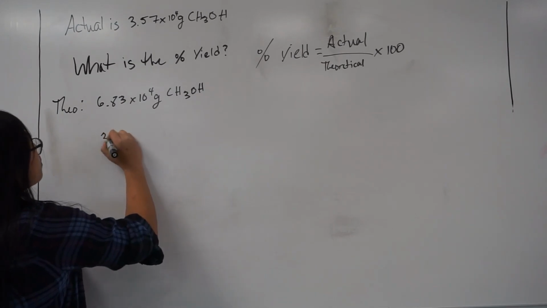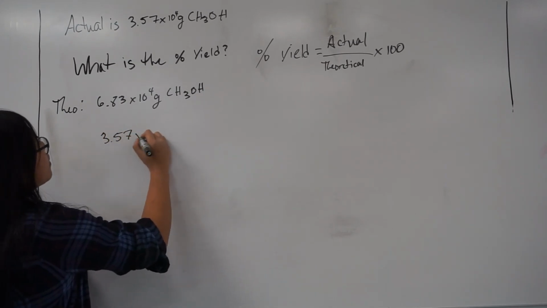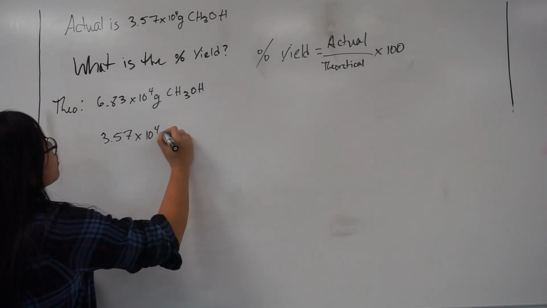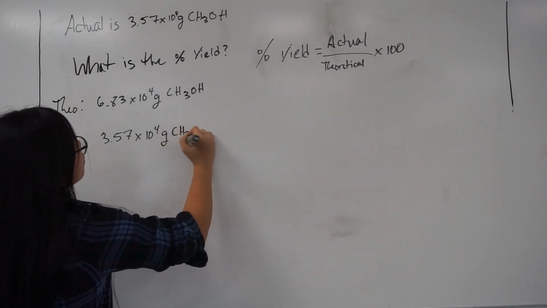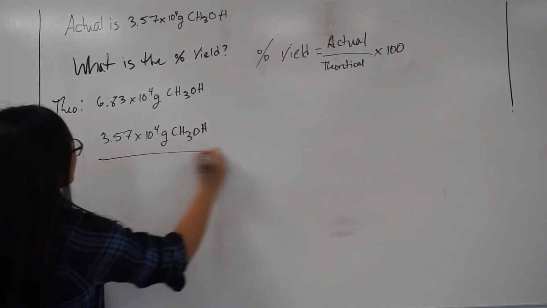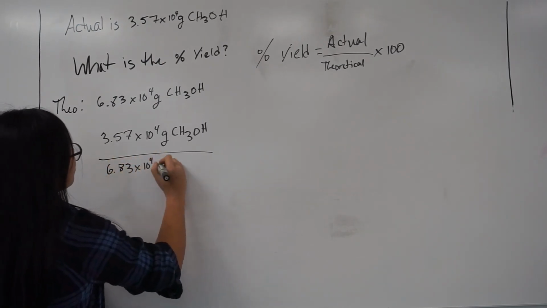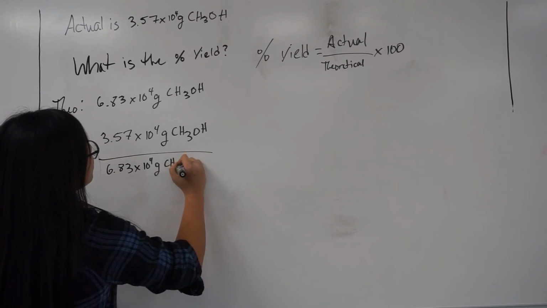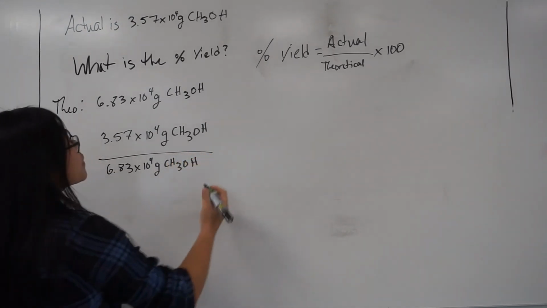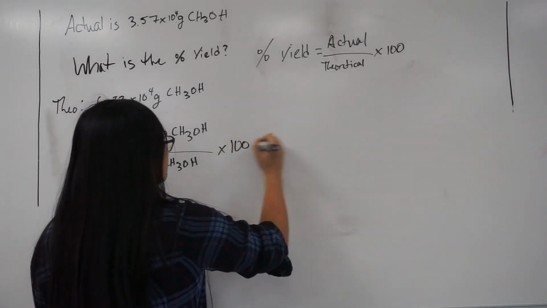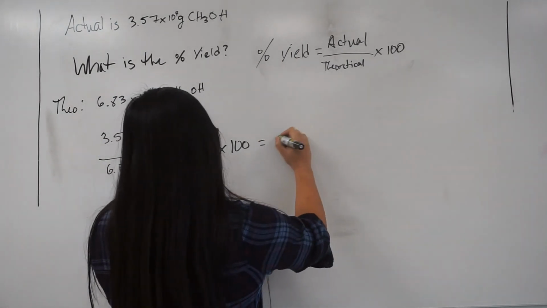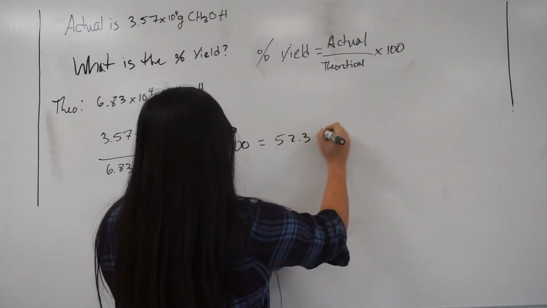We use the actual, 3.57 times 10 raised to the 4th grams of CH3OH, divide that by the 6.83 times 10 raised to the 4th grams of CH3OH, multiply it by 100, and your answer is going to be 52.3%.